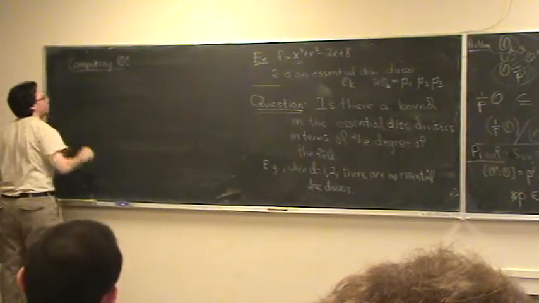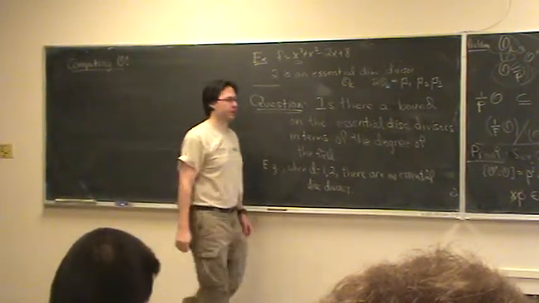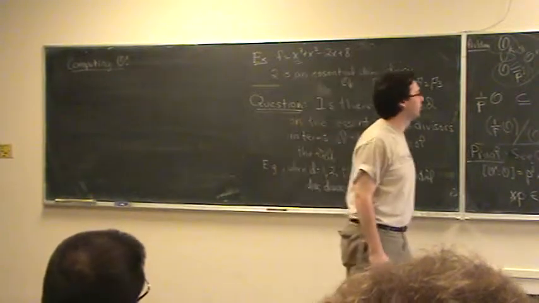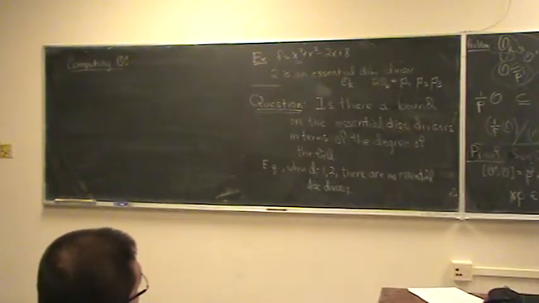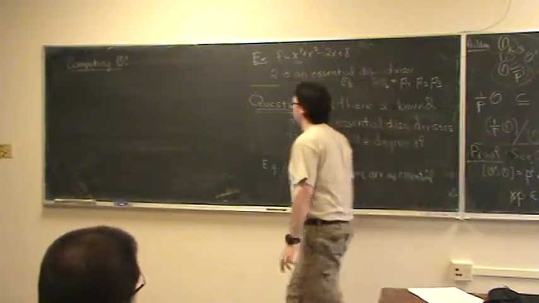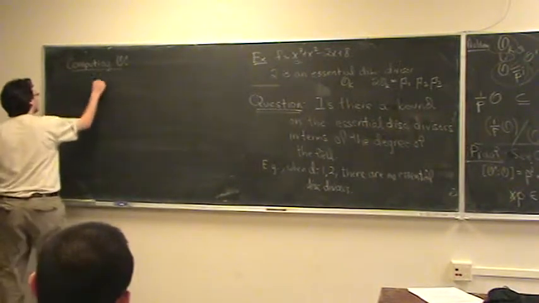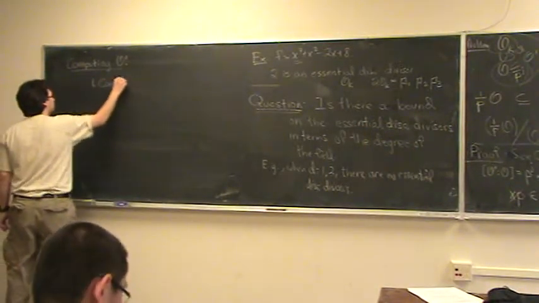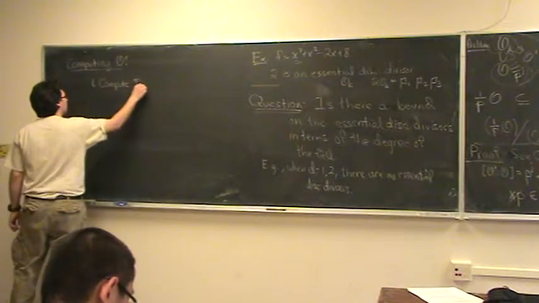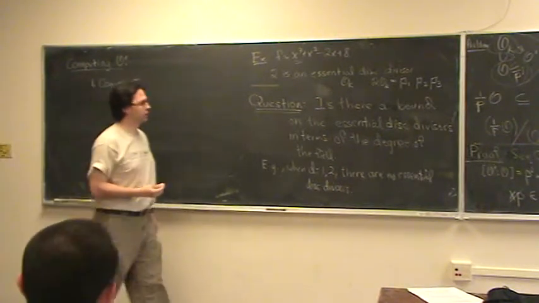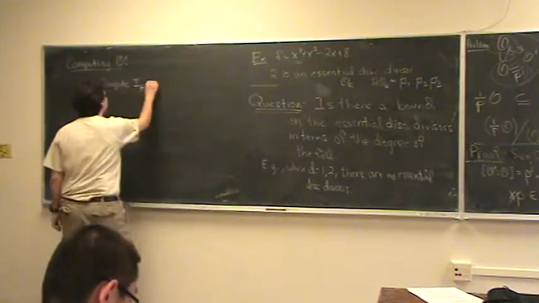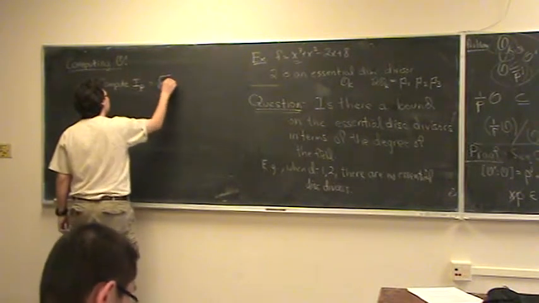And the ideas that go into this, I think, are pretty general tricks that are useful in a lot of contexts, so it's good to know about them. So let's say you want to compute first I_p. So I_p is by definition this radical, the radical of p times O.